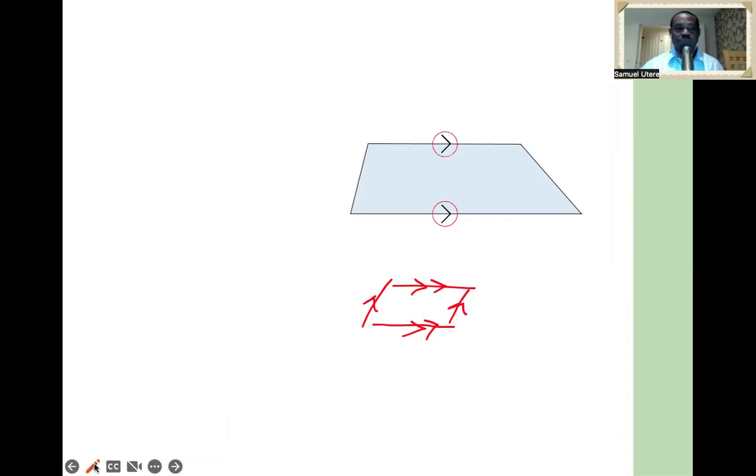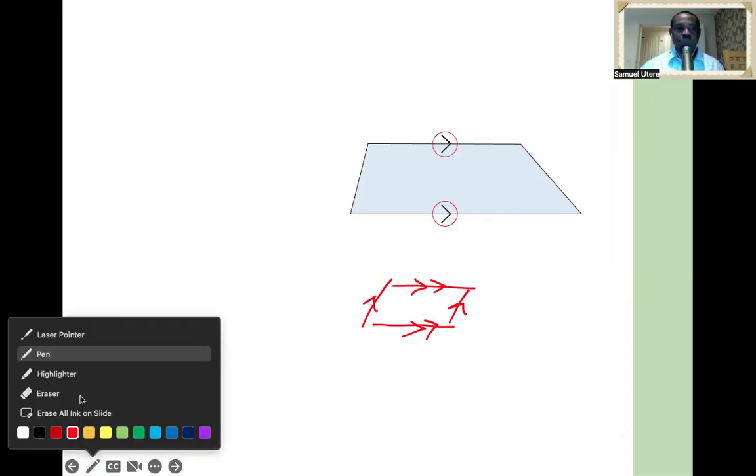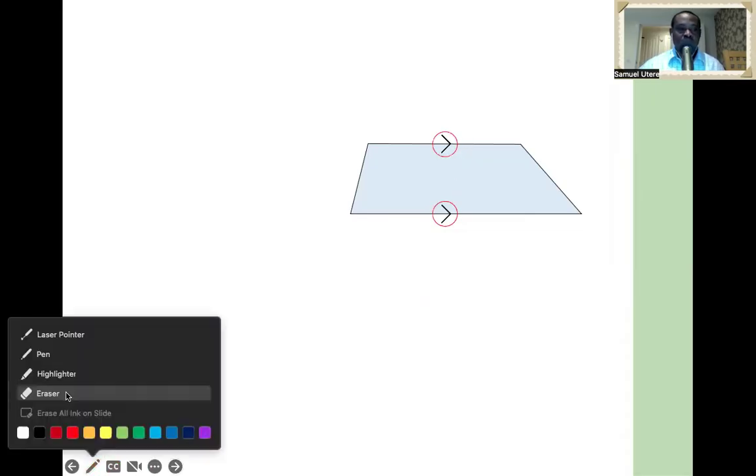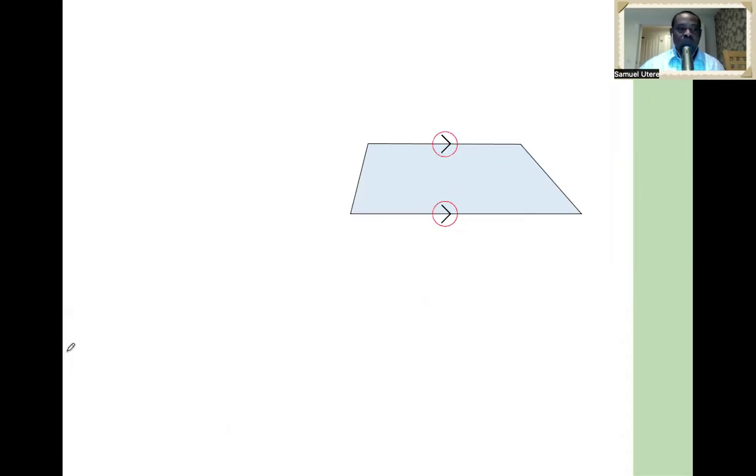So the clear difference between the parallelogram and the trapezium is that the trapezium has just a pair of parallel sides. So this is the pair of parallel sides. And the same is true even if the orientation of the trapezium is changed, even if it's turned upside down, left, right, whatever. It's always true that a trapezium has a pair of parallel sides.